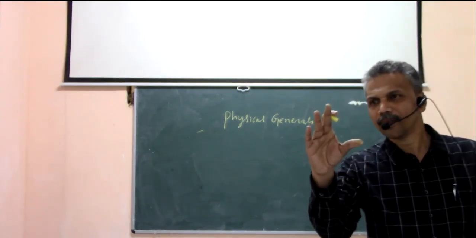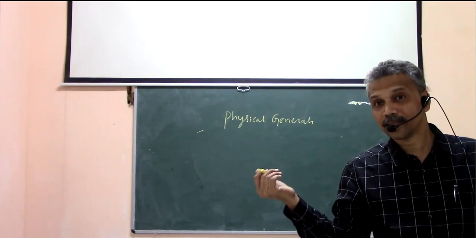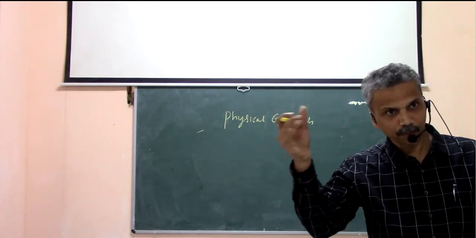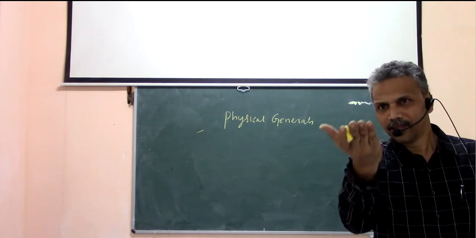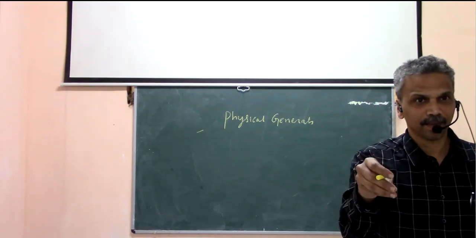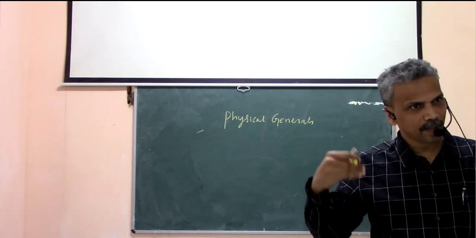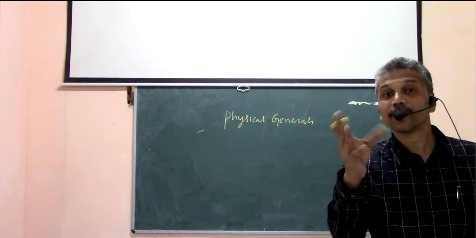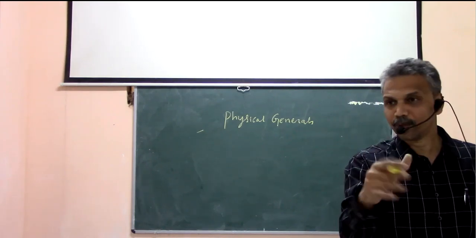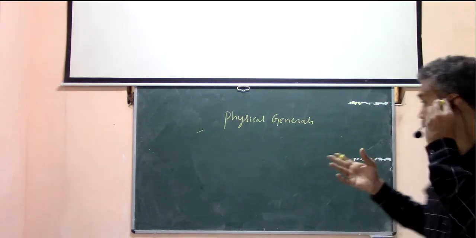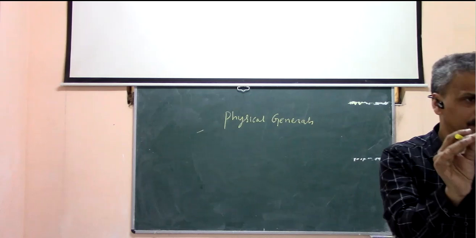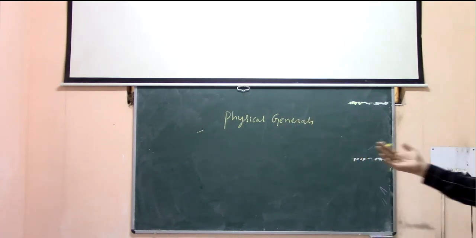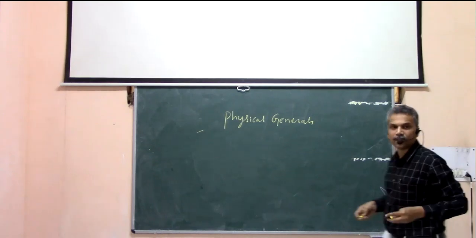The first important heading will be the introduction, the second the physical generals, group characters, and third the mental generals, and of course the clinical utility. One more we are using in this class is differentiating different noble metals. Now, what could be the common physical generals, or what could be the headings? You give me the headings, we will have a discussion and try to understand.